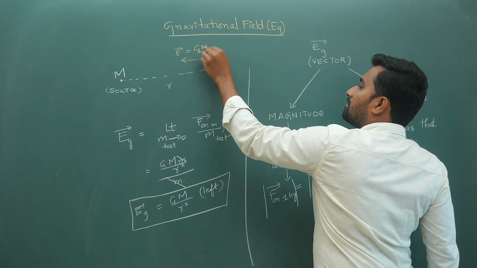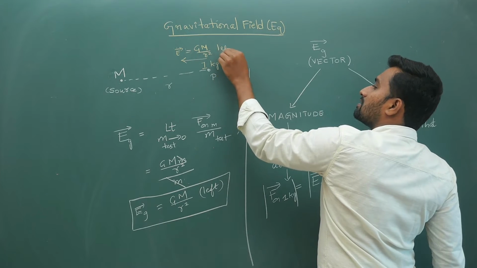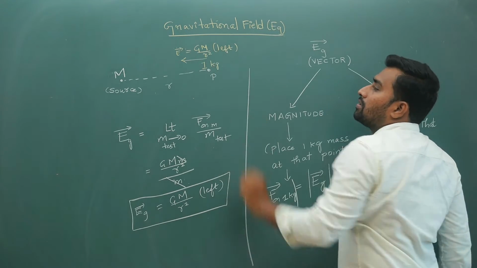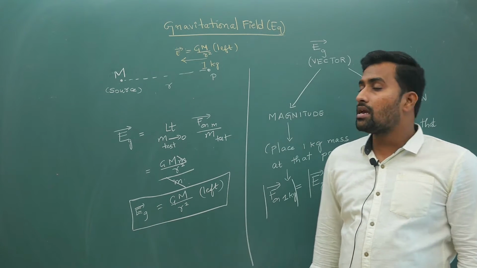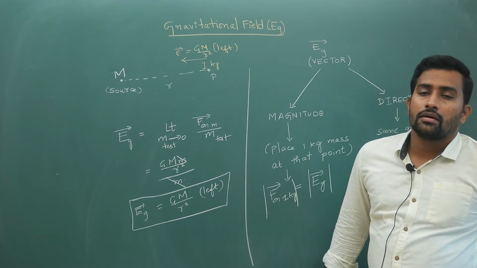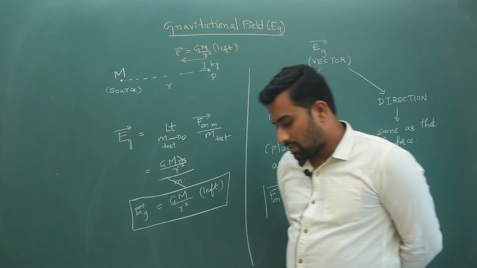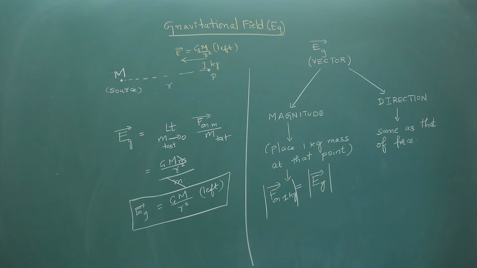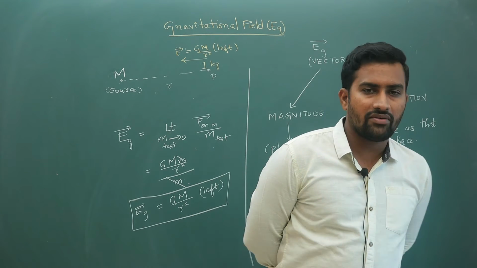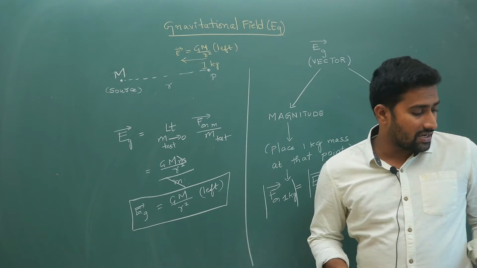Your field is a vector quantity, so you are supposed to give the direction. Copy this down, and if you have any doubts just keep commenting, I will try to explain. So force per unit mass is your field.